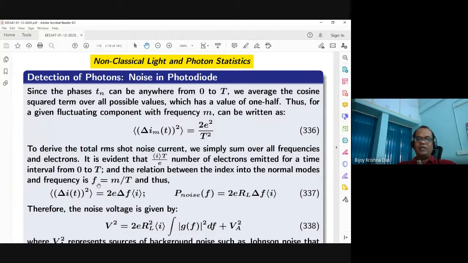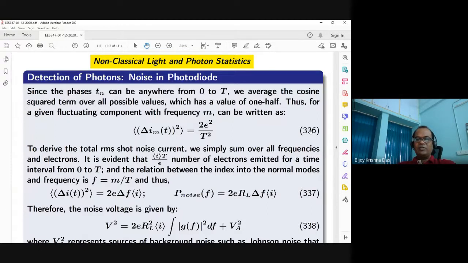Now what I am writing is 2e and m by T, and this expression is the total number, all the electron numbers we are considering.